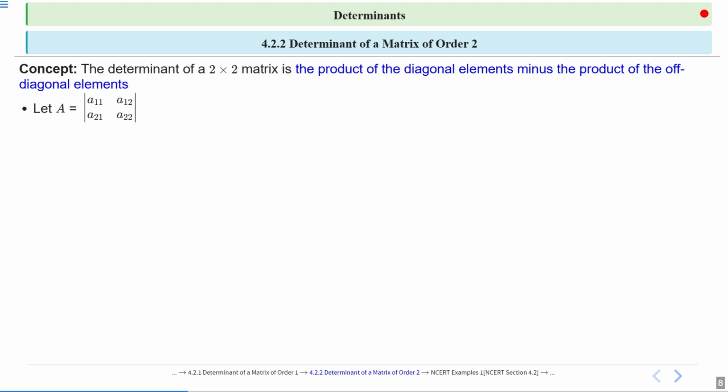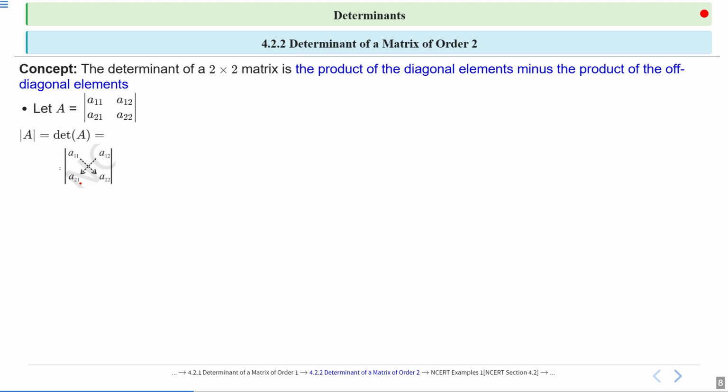And these indices 11, 12, 21, 22 represent the position of that element. A22 is present at the position of second row and second column. In Aij, i represents the row in which it is present, and j represents the column in which it is present. So for each element, there is a unique position, and we can find that position by the values of i and j.